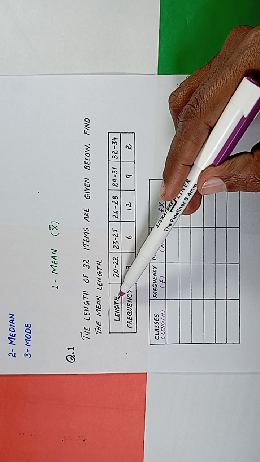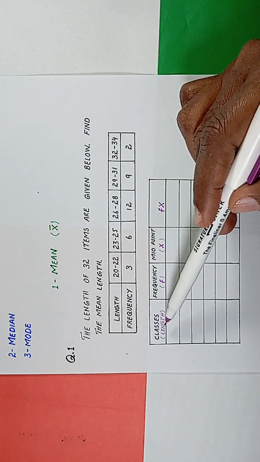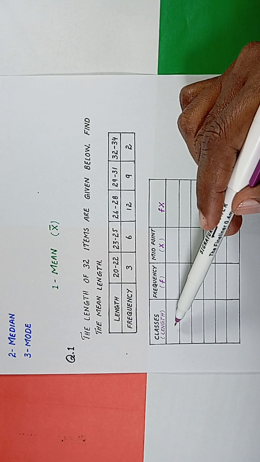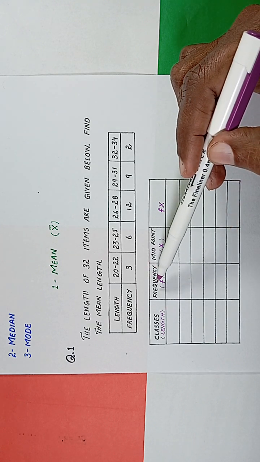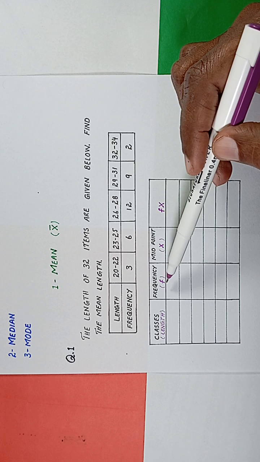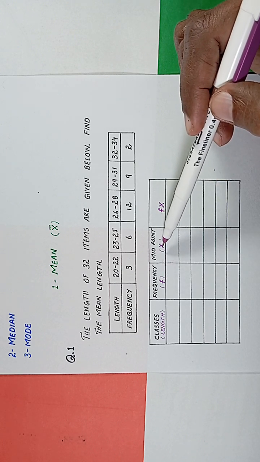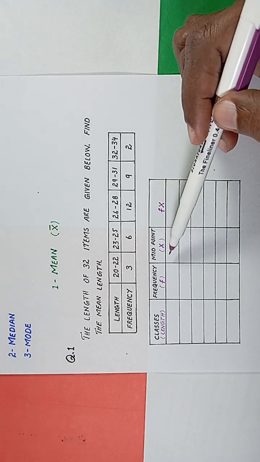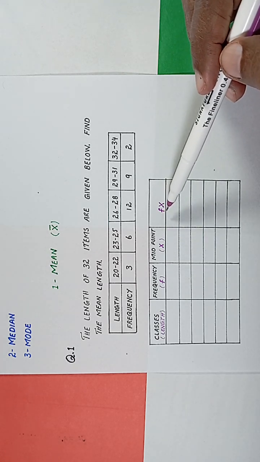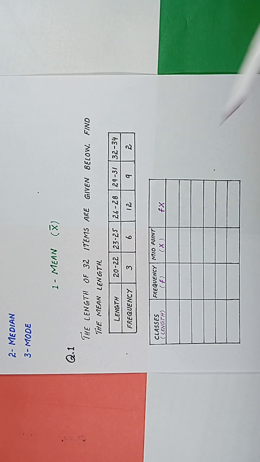Here the lengths in the problem will be put in the column of classes. Next column is for frequency. We represent the frequency with F, and then the column for the midpoint X, and finally the product of frequency F and midpoint X.